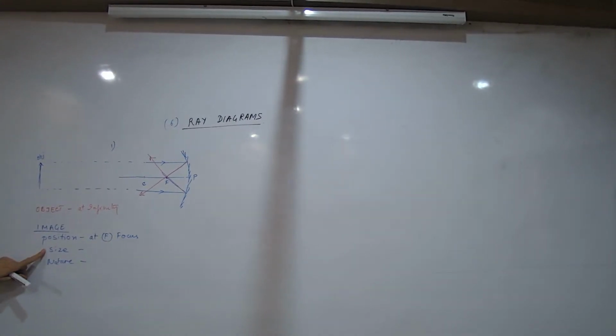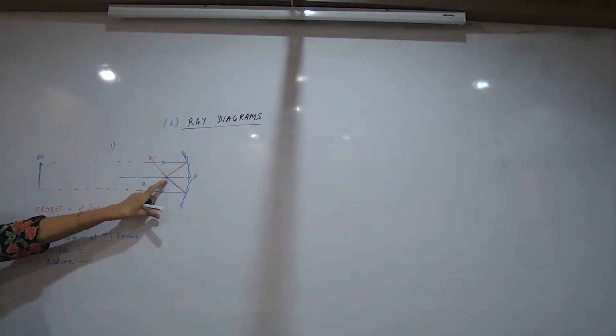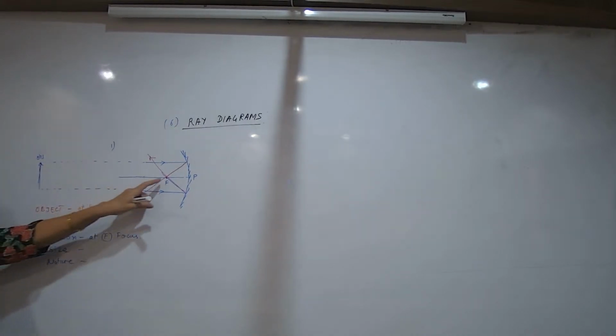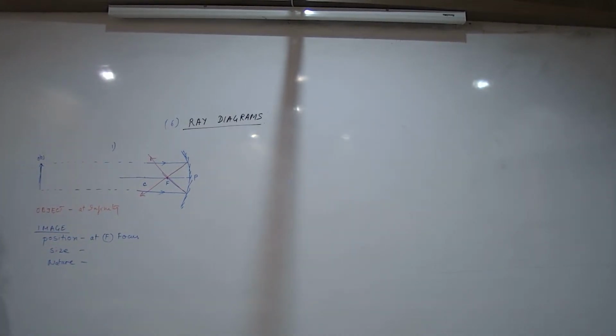What is the size? Look at the size of the object and look at the size of the image comparatively. How big is it? And you see here, it's just small. So what will you say? Highly diminished. Okay, it is diminished.